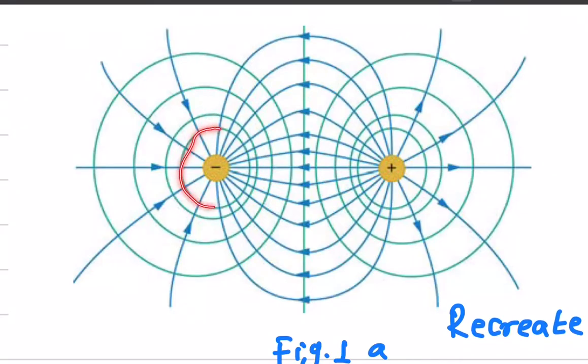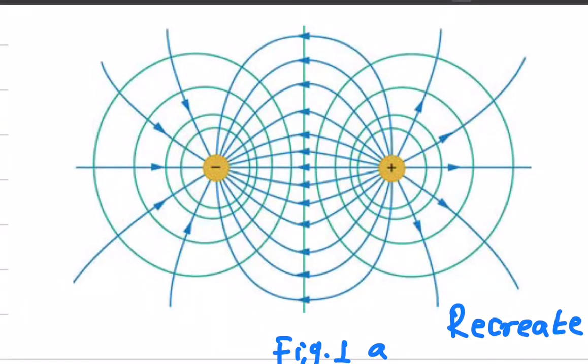One thing I would like you to point out: this and this are at different potentials, but this one closed loop is at the same potential. This closed loop and that closed loop might be at different potentials.